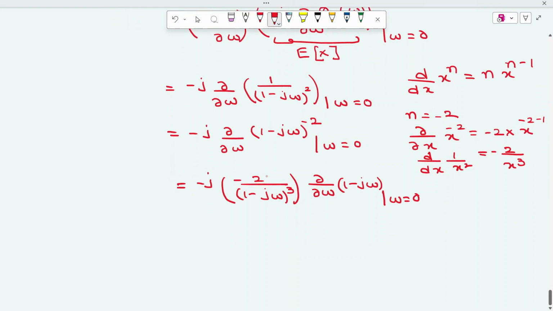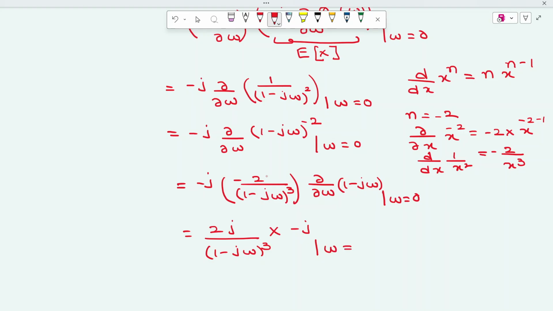Here minus into minus will be 2j by (1 minus j omega) whole cube, and the differentiation of 1 is 0, and the differentiation of this will give you another minus j.